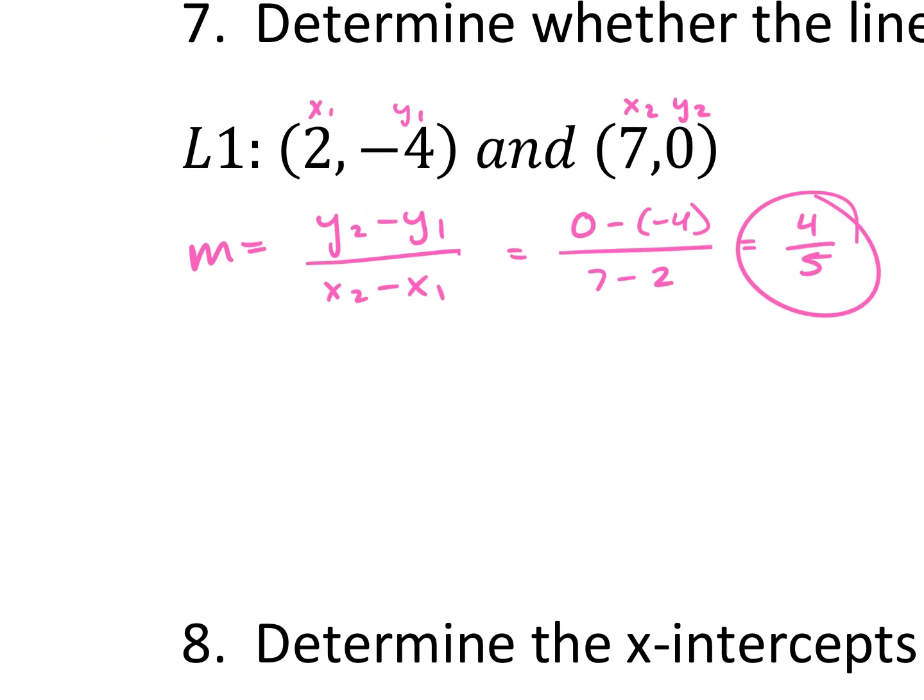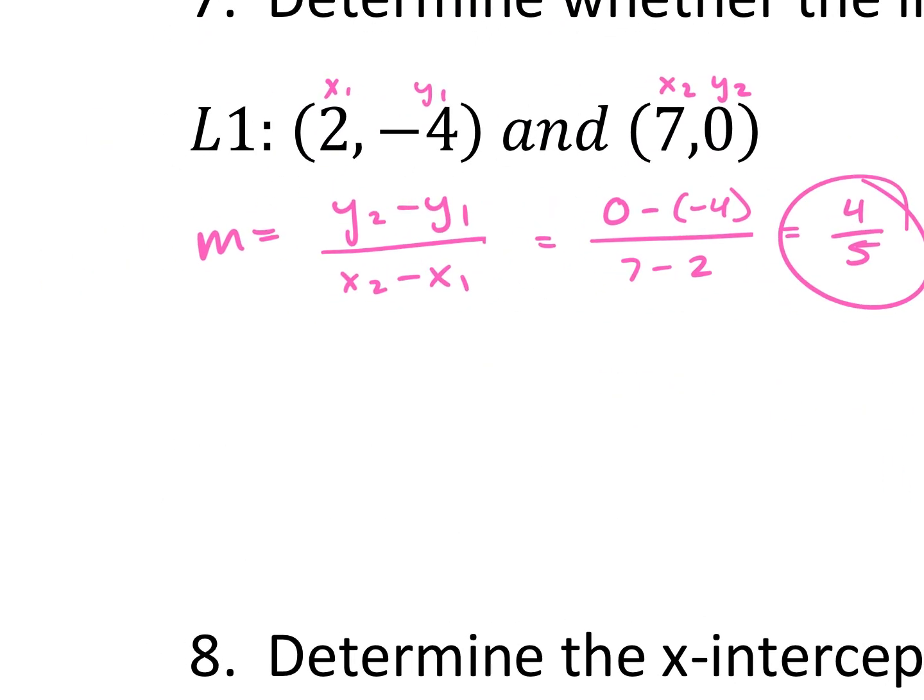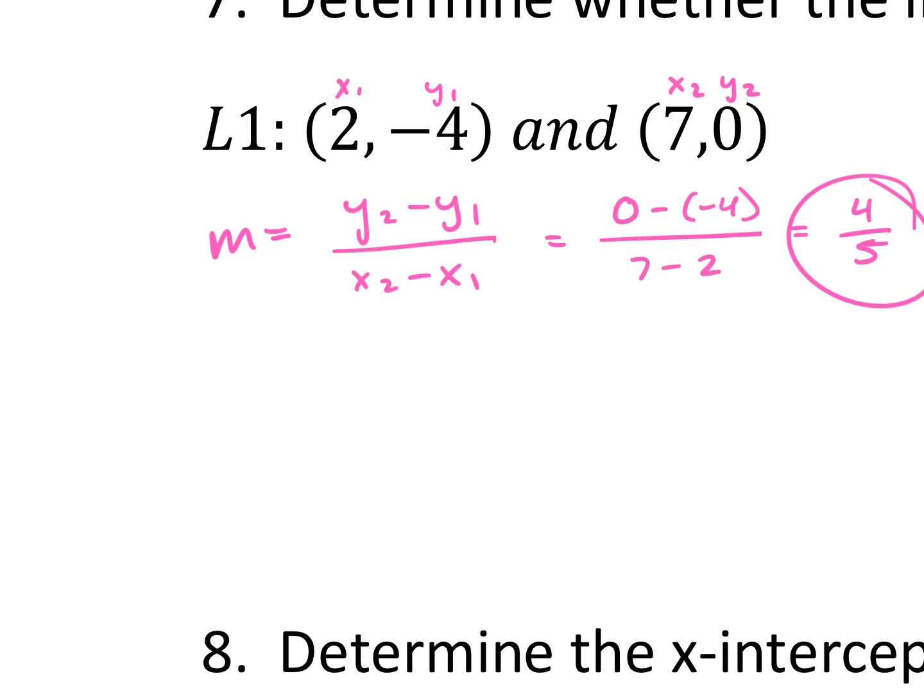Let's just say for practice, looking at line 1, that it wants us to write the equation of this line. So for question number 7, there's 2 different lines here, but we're just going to write the equation for line 1. How would I write the equation of a line? We can do point slope because we have a point and the slope.